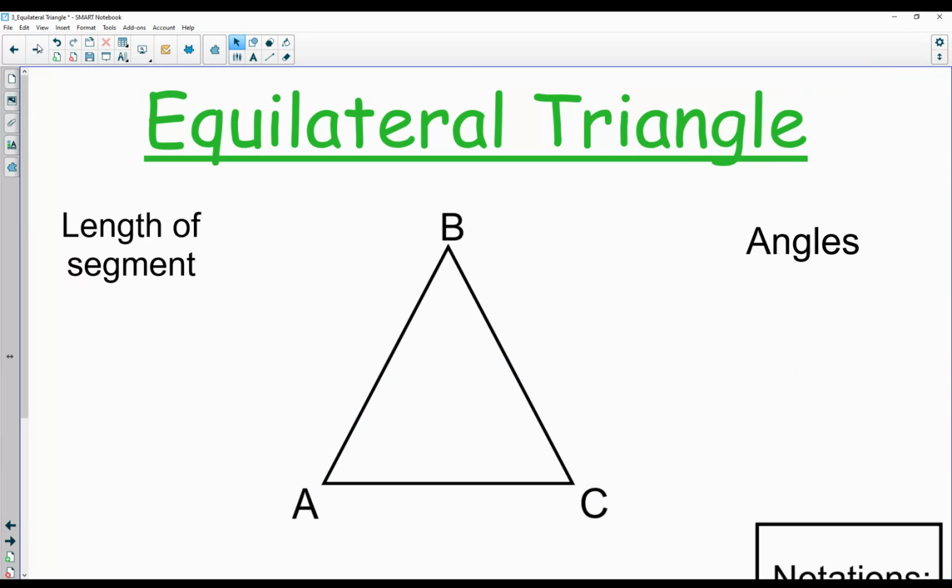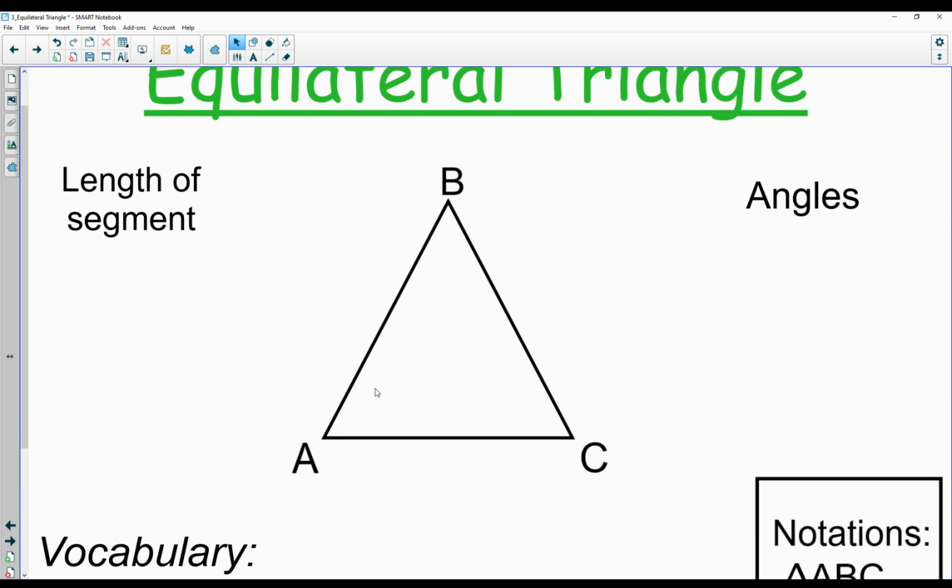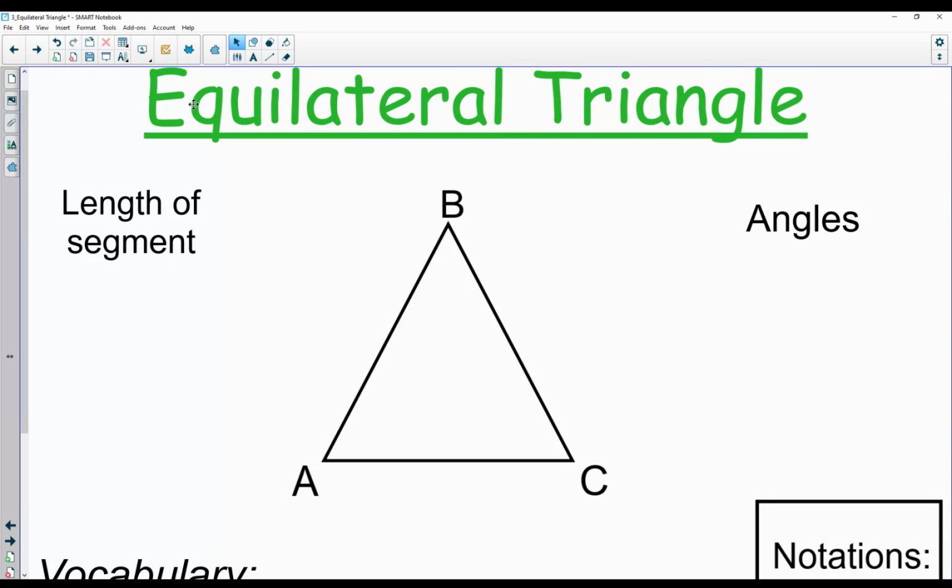Before we do that, let's just talk about what it means for a triangle to be equilateral and get down some ideas. So the first thing that we know about an equilateral triangle, if you break apart the term equilateral, equi, this part here, is referring to equal.